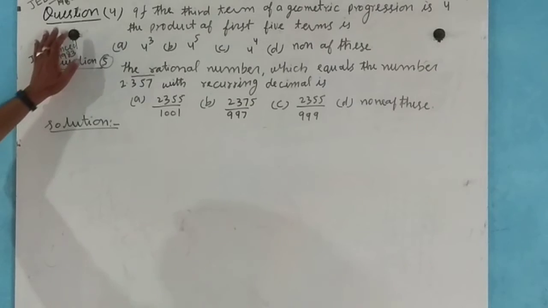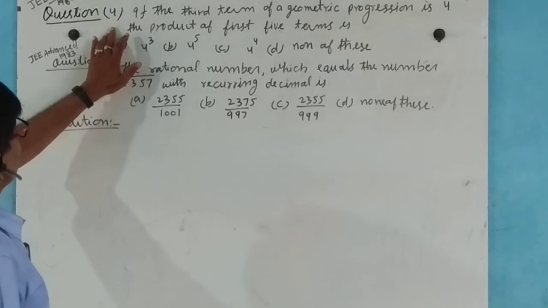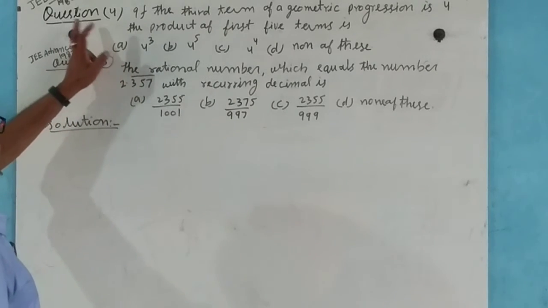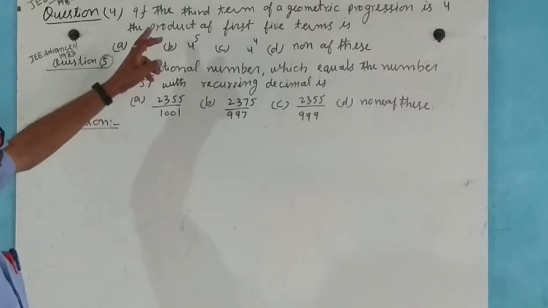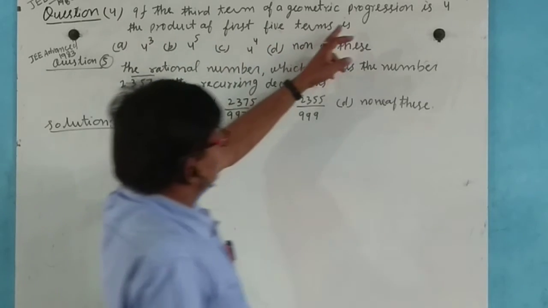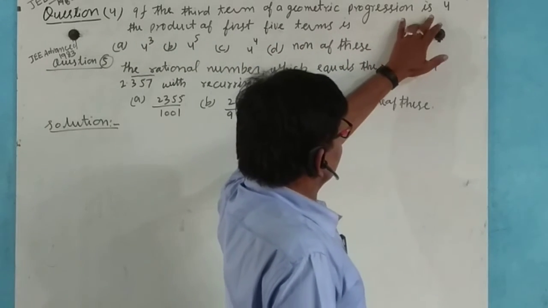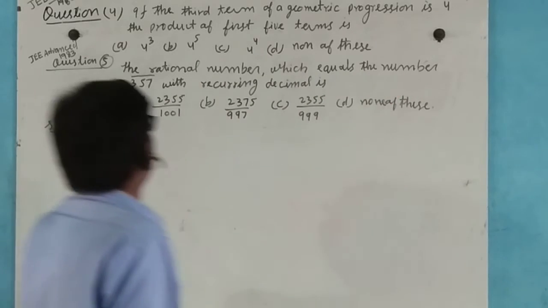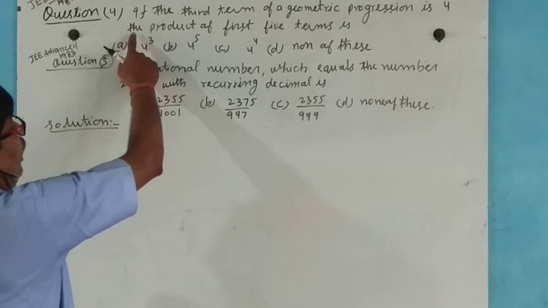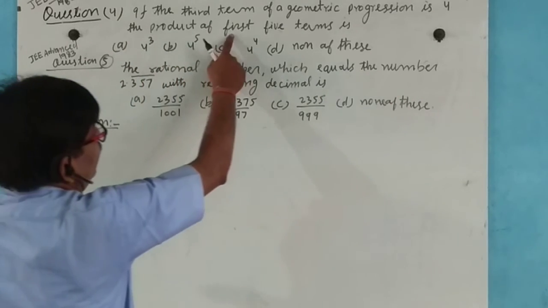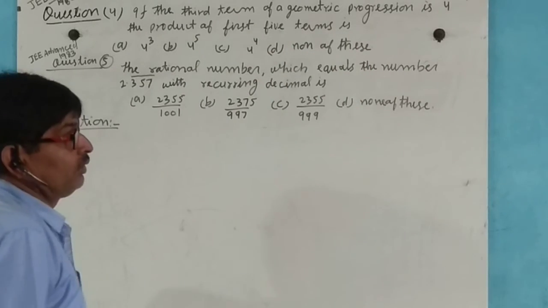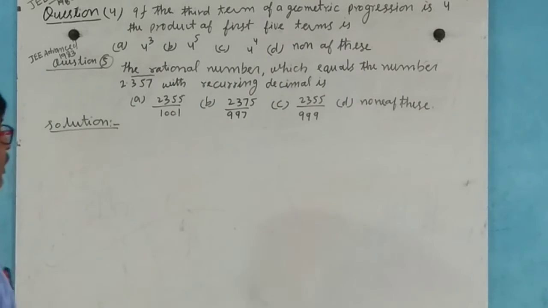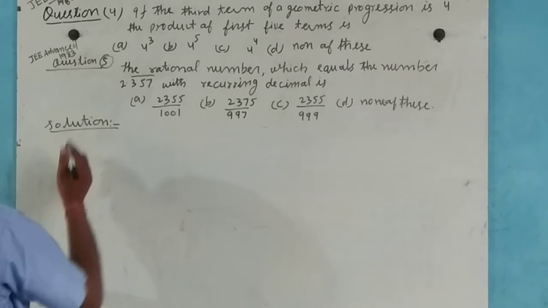Now question number 4 here. This asks in the JEE Advanced 1982. If the third term of a geometric progression is 4 and the product of first 5 terms is what? Now let us suppose that solution of 4.